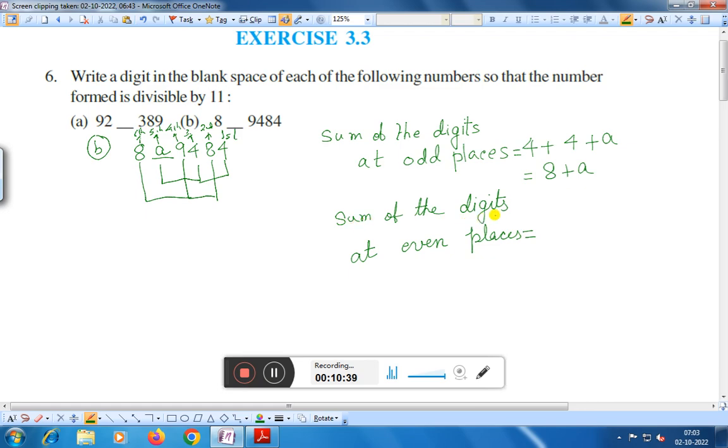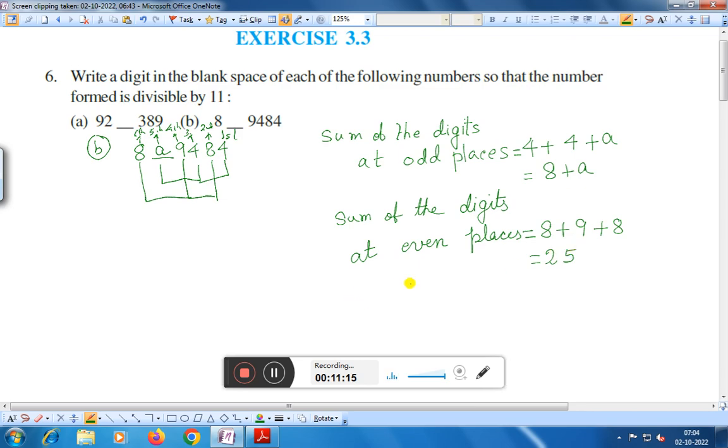That means you have to add 8 plus 9 plus 8. What you are getting is 8 plus 9 is 17, 17 plus 8 is equal to 25. Now we are writing here 25.